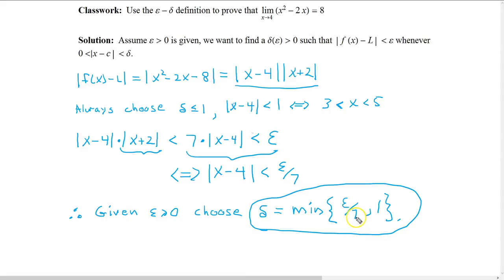For any epsilon greater than 0, we can find a delta so that the absolute value of f of x minus L is less than epsilon whenever x minus 4 is less than our delta. And this is how we would choose delta. So that concludes our discussion of using the Epsilon-Delta limit definition to prove limits involving quadratic functions.